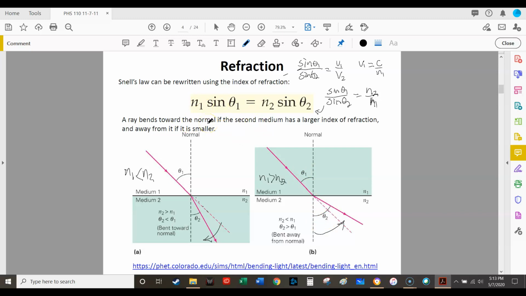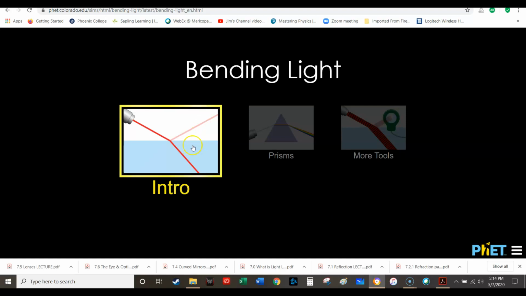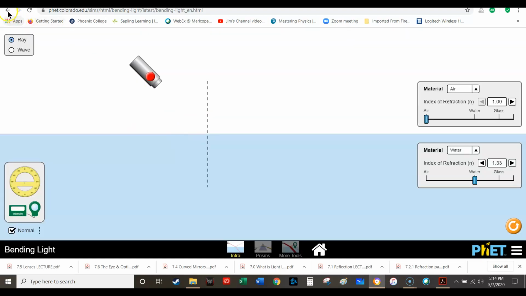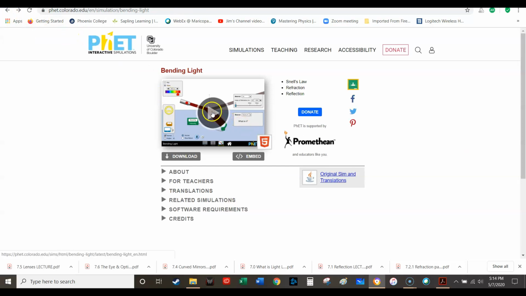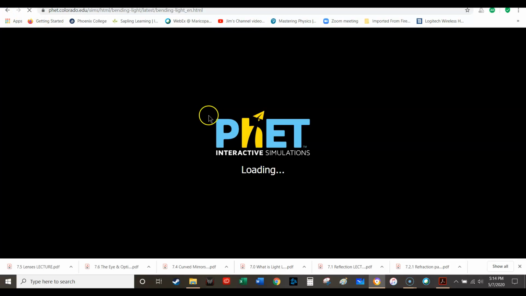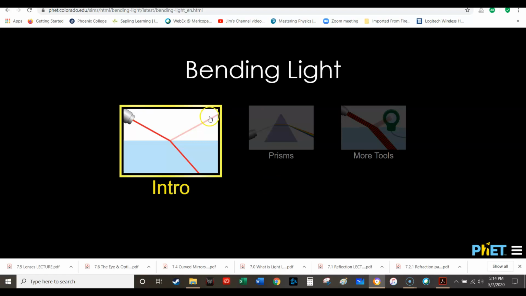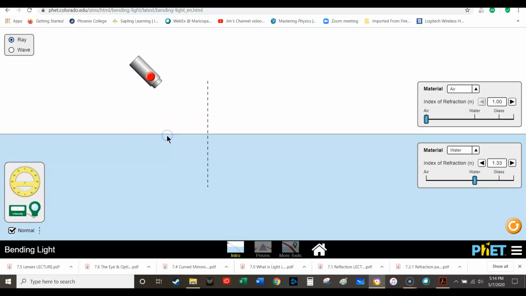Okay, and we could see this in the simulation. So I'm going to pull up the simulation, give you just a little bit of an introduction into what you're going to do. So again, you hit the play button, and this particular simulation is in HTML5, so it should work on everything. And you're going to hit introduction, right?